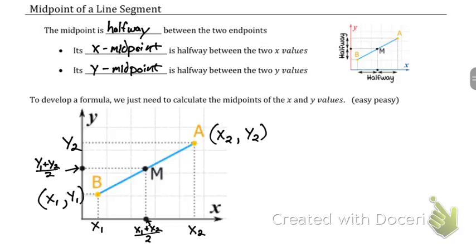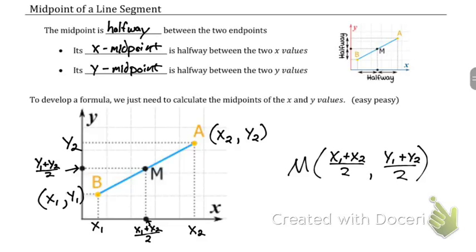So that means point M. Point M is actually the point x1 plus x2 divided by 2, comma, my y value be y sub 1 plus y sub 2 divided by 2. That gets me point M. It gives me my x component halfway between my two x values. It gives me my y component, which is halfway between my y components.